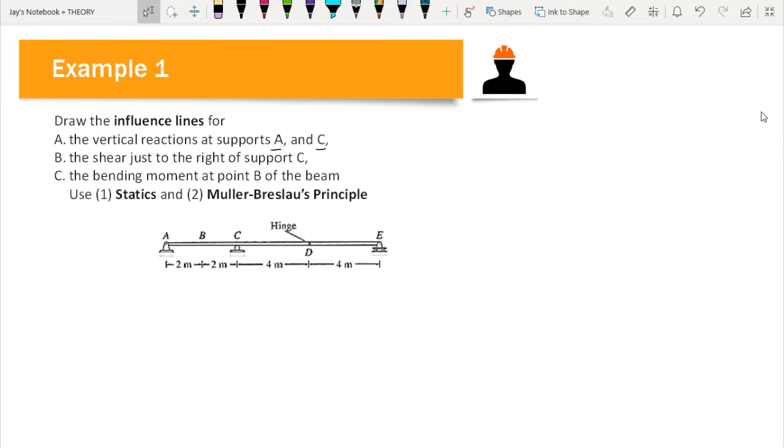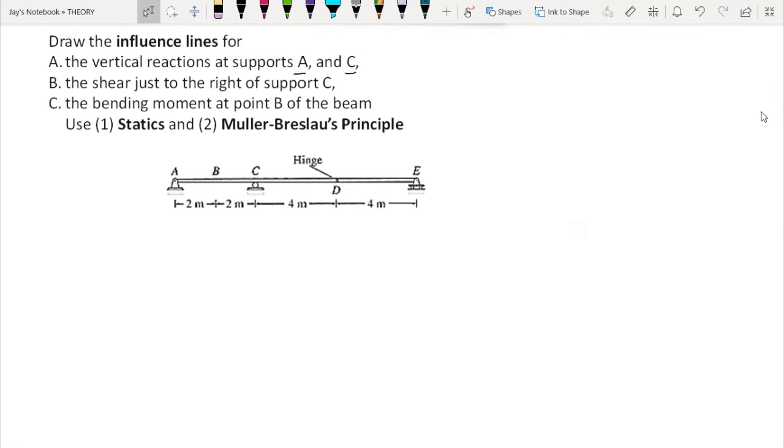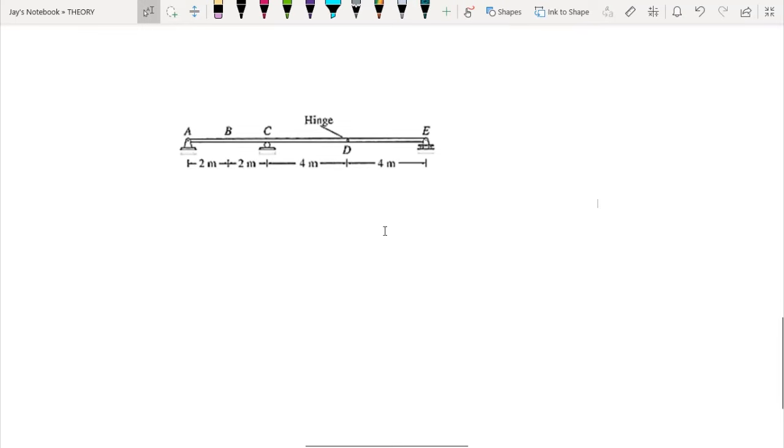Our first procedure here is by using statics equations. In creating an influence line, we need to put a live load on every specific point in our beam, and we begin on the left side of our beam.